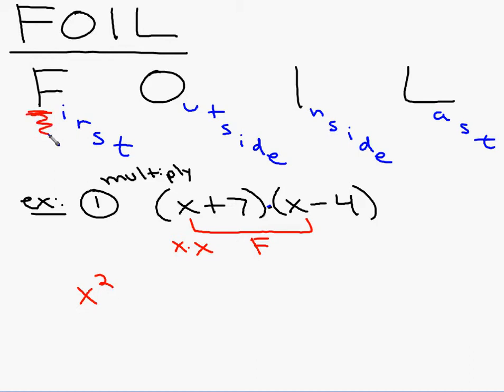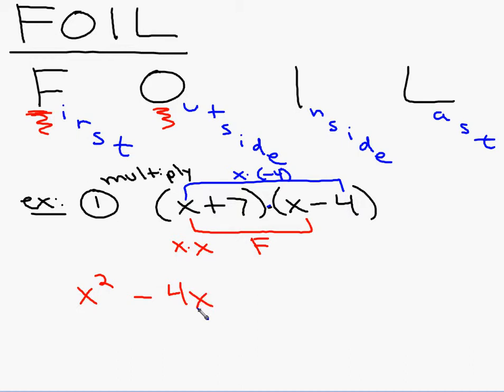We've done that. Now we need to do our outside terms. Our outside terms will be the x and the negative 4. So we're going to multiply the two outside terms together. So, if I'm going to multiply x times negative 4, isn't that negative 4x? So I will have a negative 4x.